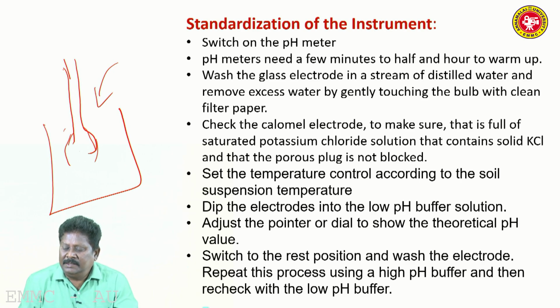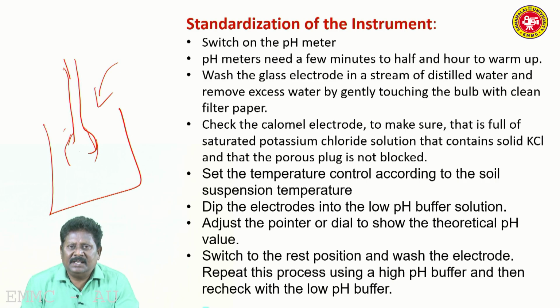Then check the calomel electrode. There are 2 electrodes, one is the glass electrode, another one is the calomel electrode. Nowadays we have the combined electrode. So, dip the electrode and check that the saturated KCl is full in the calomel electrode.